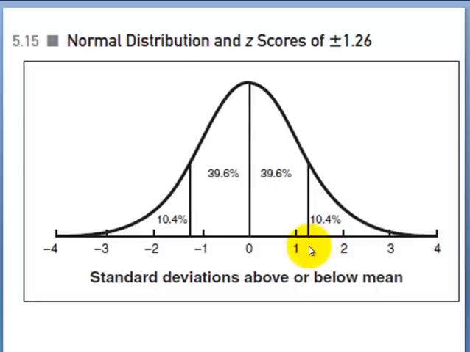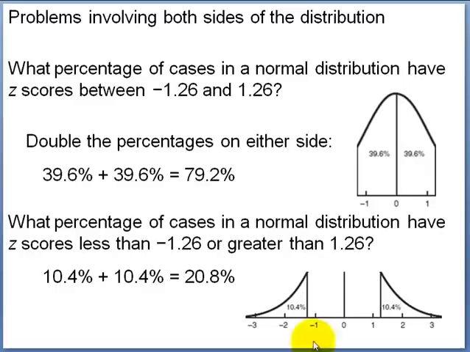Now the very same question phrased a little bit differently: in a normal distribution, what percentage of cases are located 1.26 standard deviations above the mean, or more than this? And the correct response is, again, 10.4%. This is just reiterating that z-scores are always referring to how many standard deviations the case's score is above or below the mean.